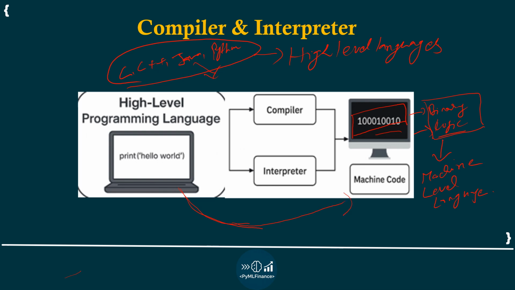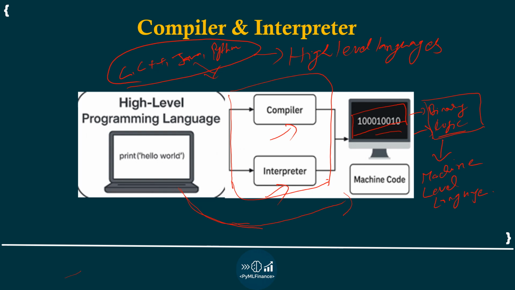This is where the roles of compiler and interpreter come in. They act like a translator. They translate our source code to binary language, and these translators are nothing but the compiler and interpreter.